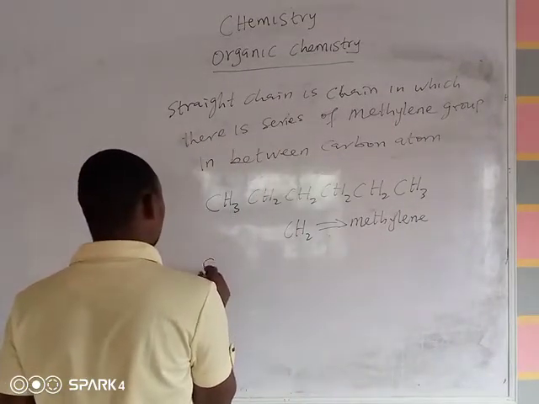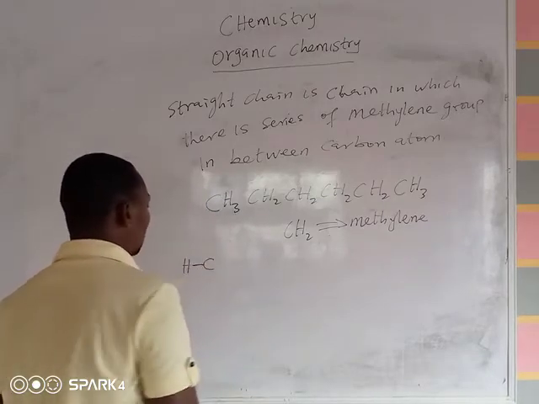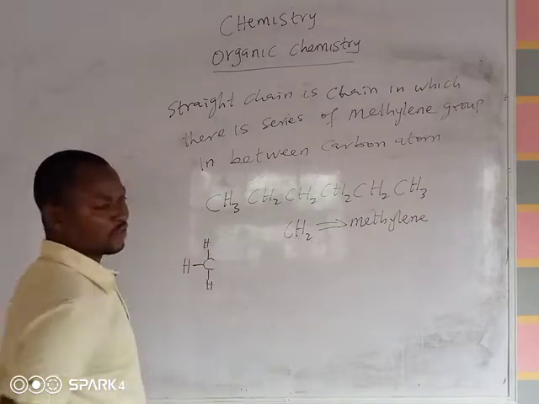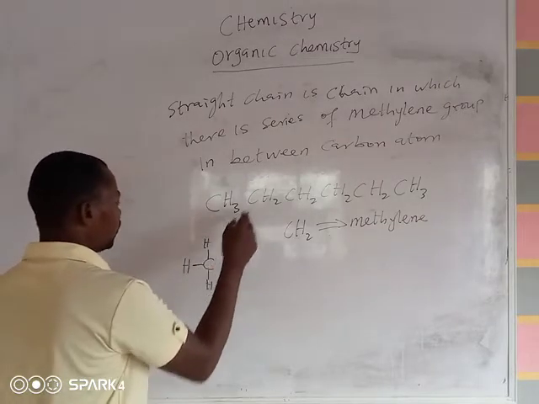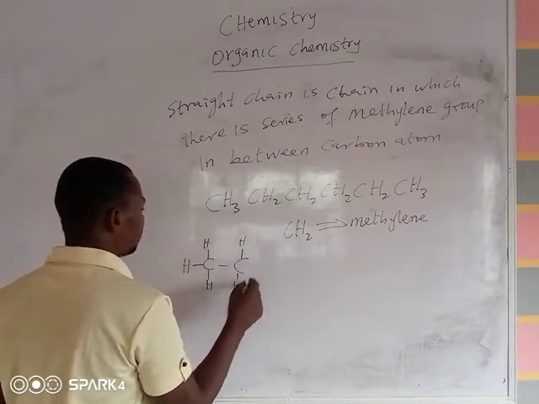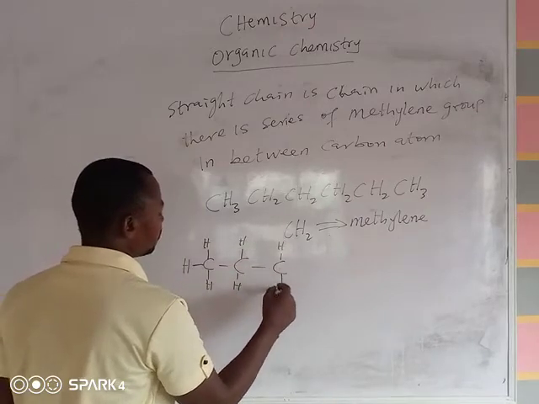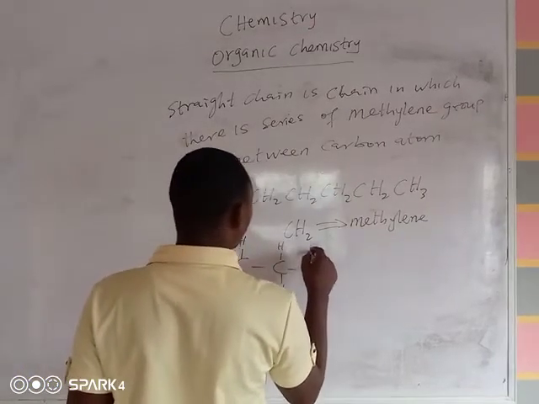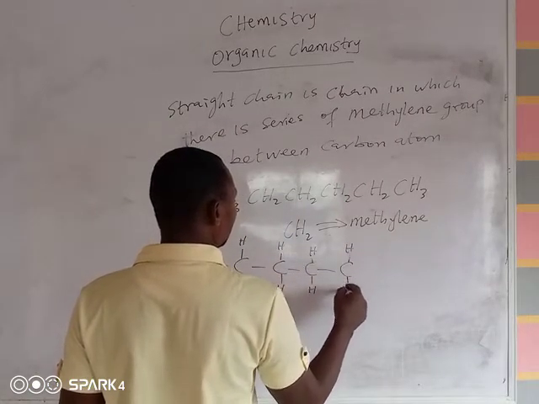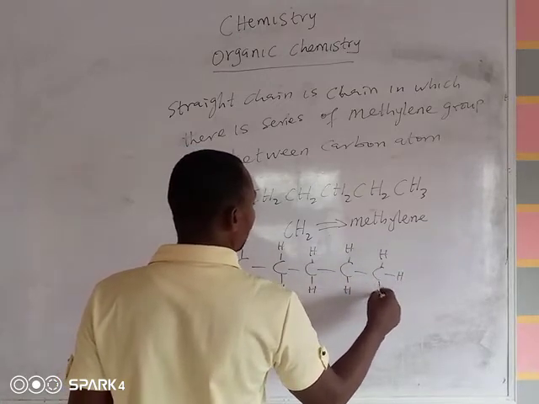If we start to analyze it, we have CH3, which is C with H, H, H. The next is CH2, with H, H. The next C has another 2 hydrogen. The next one has another 2 hydrogen. The next one has another 2 hydrogen. The next one has another 3 hydrogen.